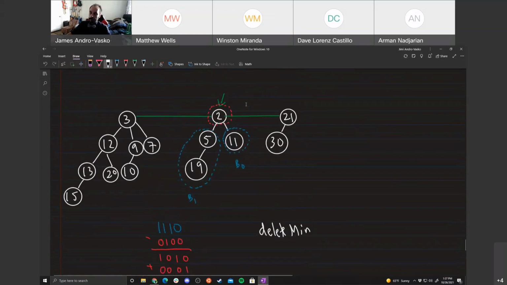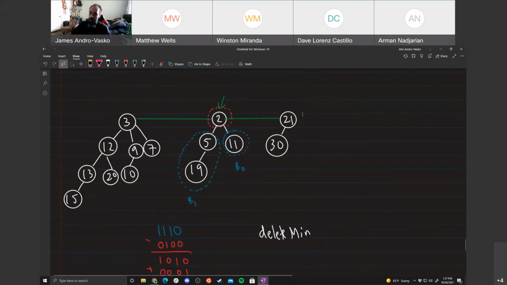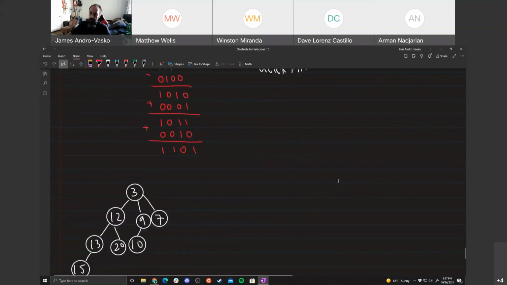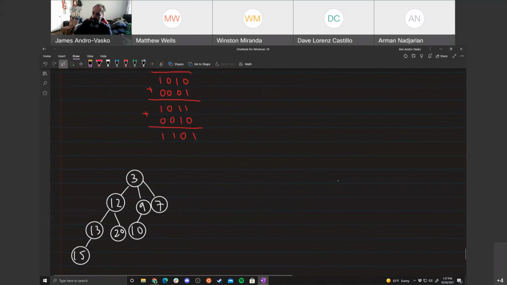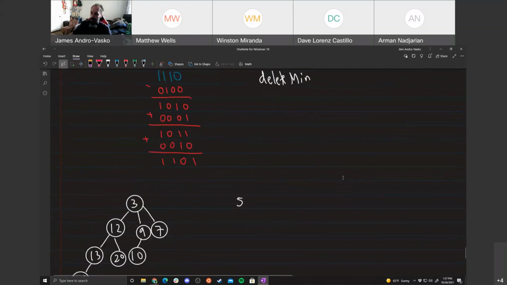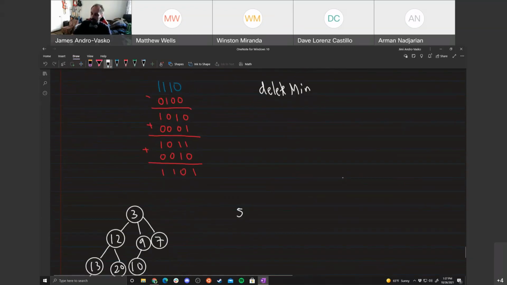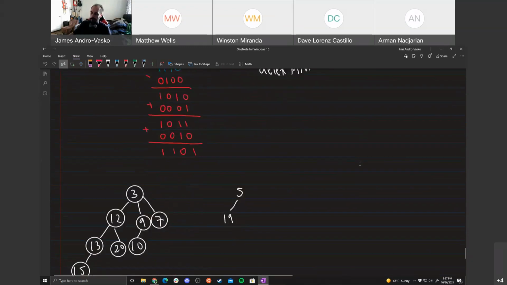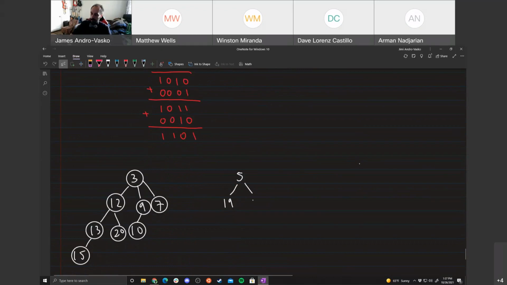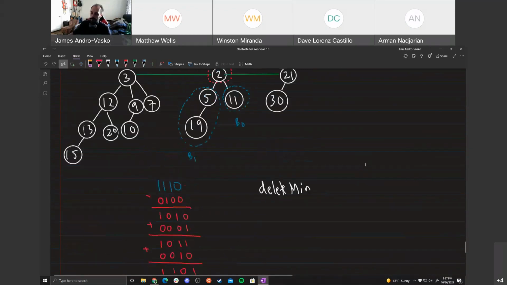So 11 will be by itself, and then the 5, 19, 21 and 30 will be merged. So 5 is a smaller element than 21, so 5 will be the root of that tree. We're going to have 5, 19, then we're going to have 21 and 30. We're going to merge into its own. 11 will be just by itself.